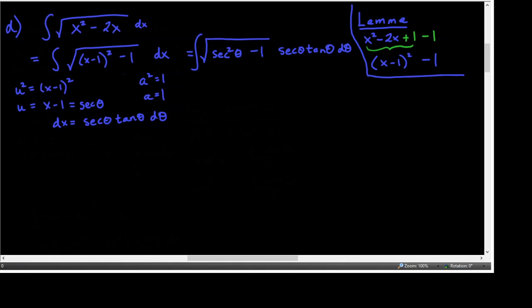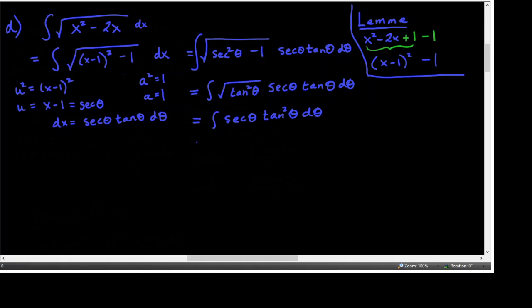All right, and then of course secant squared theta minus 1 is tangent squared theta times secant theta tangent theta d theta, and the square root of tangent squared theta is tangent of theta multiplied by the other tangent theta makes this secant theta tangent squared theta d theta. All right, so now what?